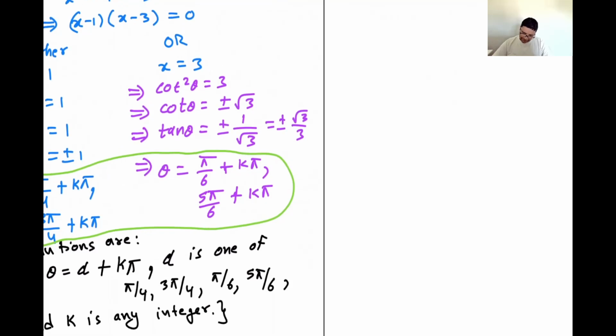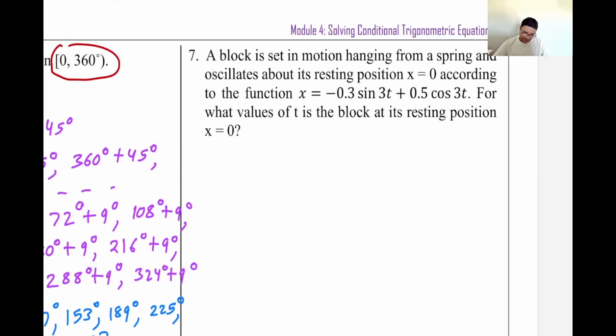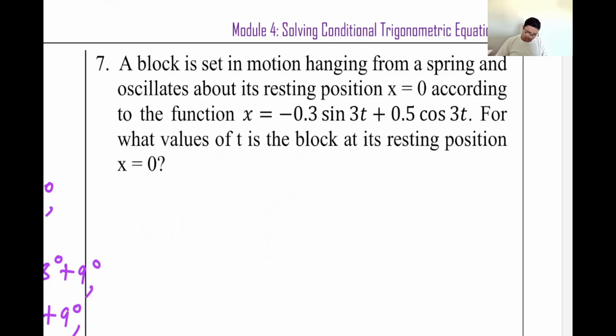All right. We are towards the end of the chapter. We have one last question, and this is a word problem. A block is set in motion hanging from a spring and oscillates about its resting position according to that function.